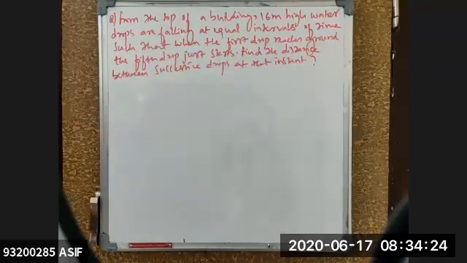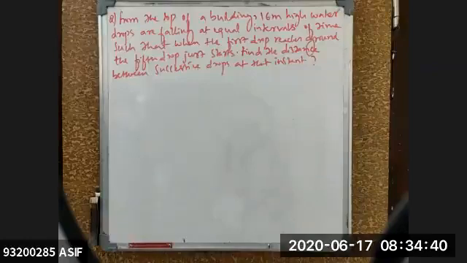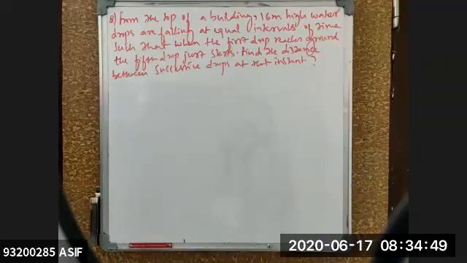He is asking to find the distance between successive drops at that instant. Have you got an idea about the question? See whether you can draw the diagram for that or not.